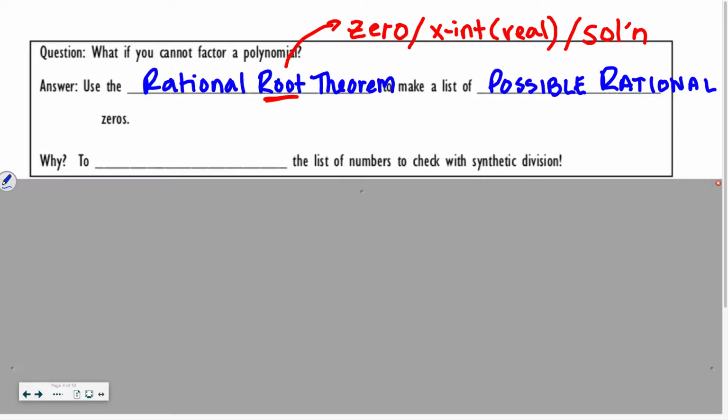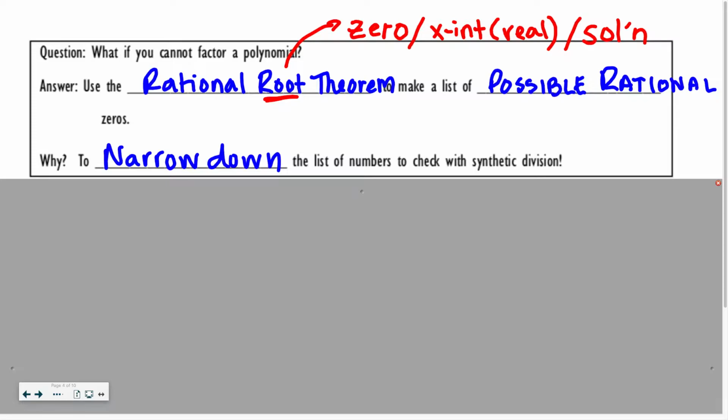You could check anything. That's a lot of numbers. So the rational root theorem will narrow down the list. Now you'll see in our notes today, maybe sometimes that list is still awful long. But it's better than negative infinity to infinity. It gives me a place to start checking.